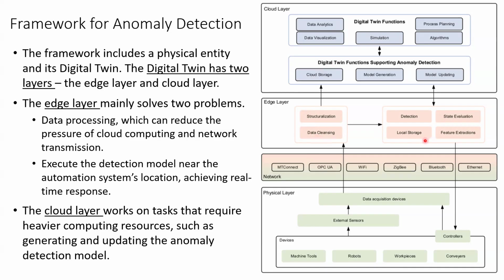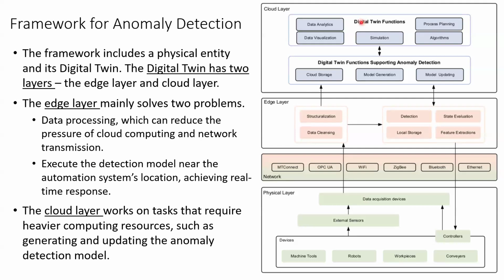Secondly, it runs a model locally. This enables real-time analysis and quick response near the source of the data. For example, this may be a production machine or some sensors. And then we have the cloud layer.